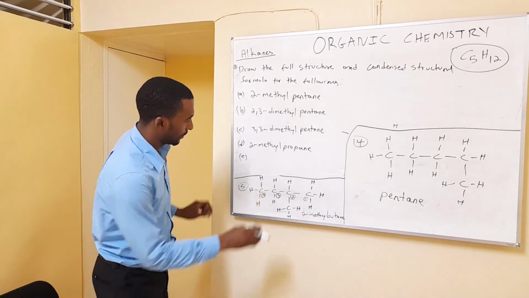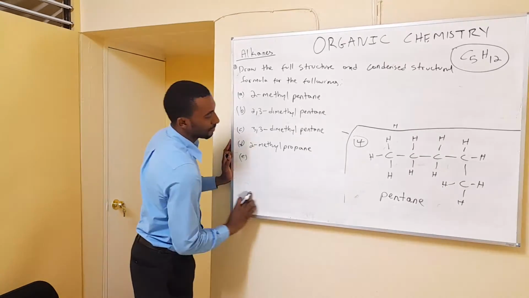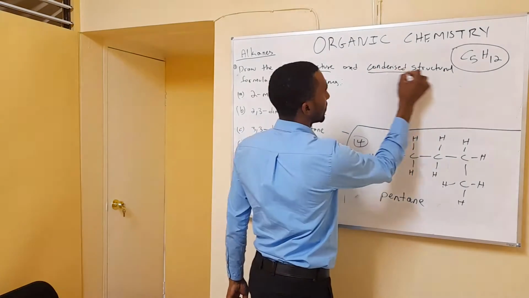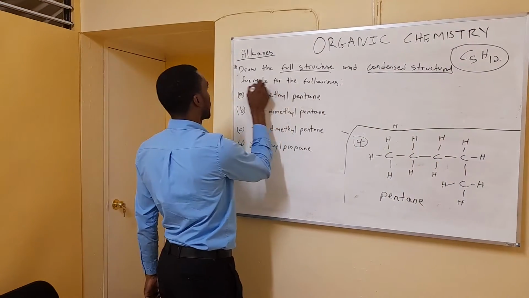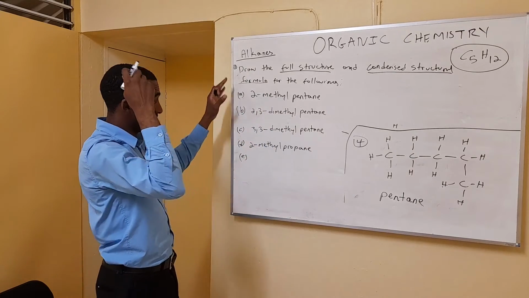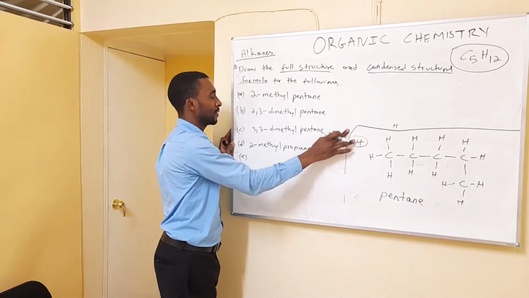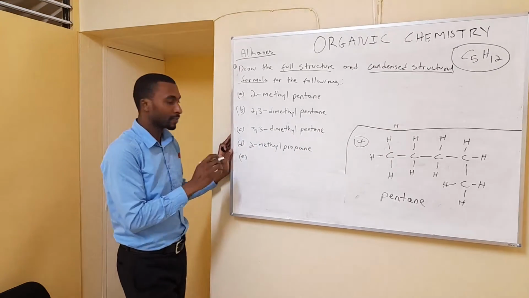There are 5 of them, alright? So it's 5 of them to do both the full structure and the condensed structure of the formula. So two things they have to do. In other words, they're going to need 2 answers for each of them, alright? Following? Mm-hmm.